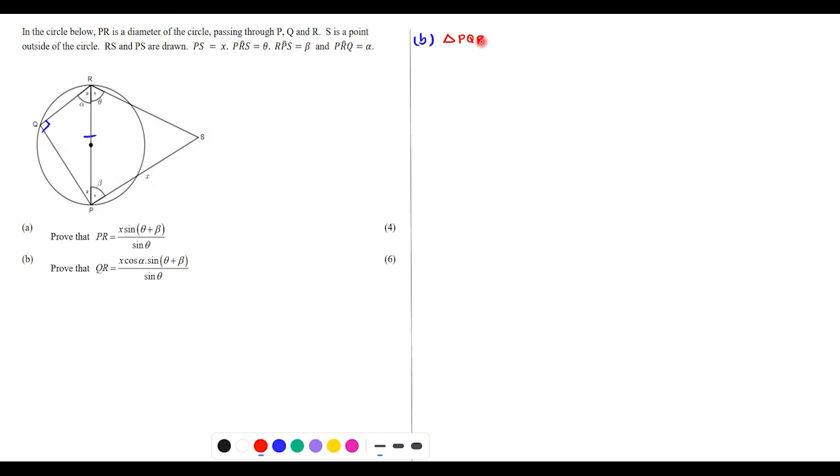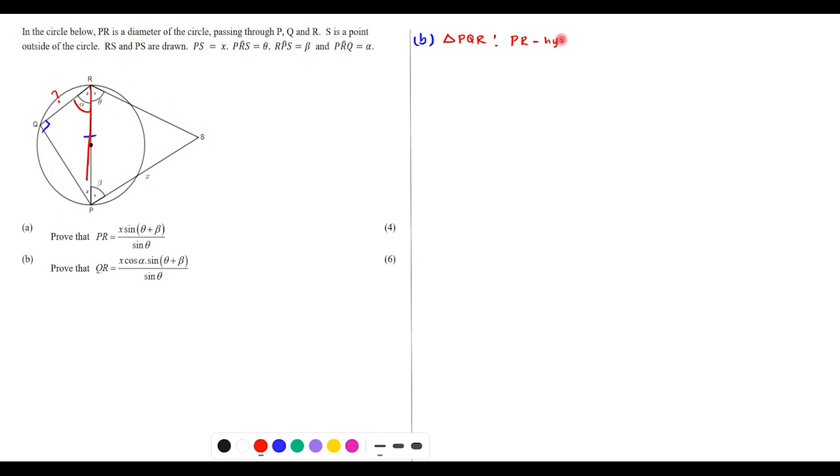So if I'm looking at triangle PQR and I want to calculate my side, I do have PR already, right? What else do I have? I have an angle, and I want to find this. PR, if I'm looking at alpha as my reference angle, becomes my hypotenuse.